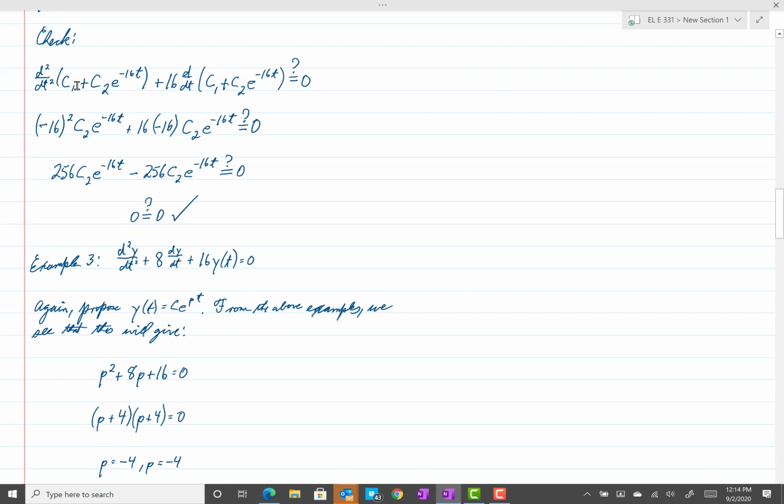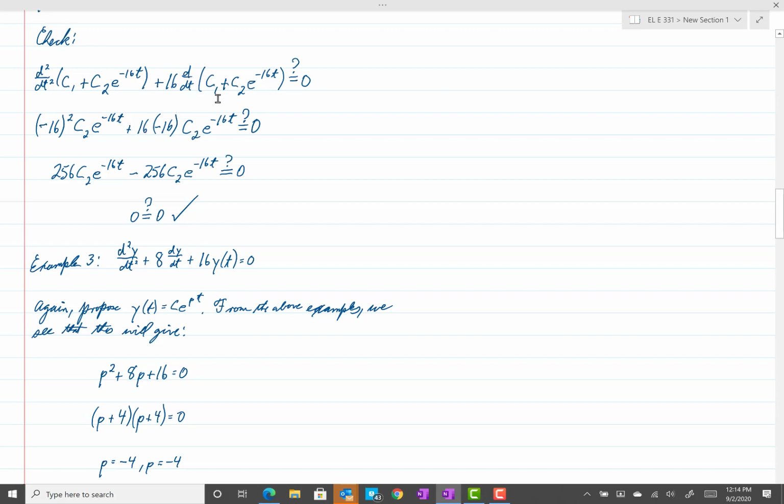When we take the second derivative of a constant, we get 0. So we don't have to worry about that term. When we take the second derivative of c2 e to the minus 16t, well, minus 16 will pop out twice because it's two derivatives. So we have a minus 16 quantity squared times c2 e to the minus 16t plus, and then this 16 comes down there.